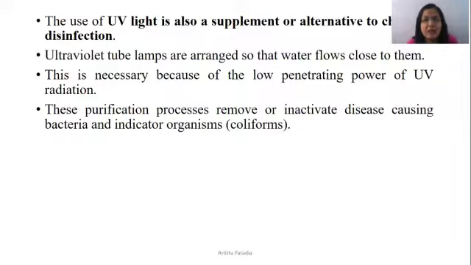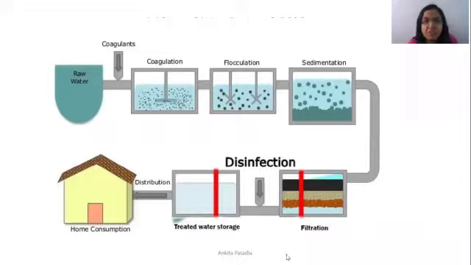So after all these three processes are carried out, the purification process removes or inactivates disease-causing bacteria and indicator organisms like coliform. As shown in this picture, raw water is treated with coagulants and the coagulation process is carried out. After flocculation, it is allowed to settle down in the sedimentation basin.